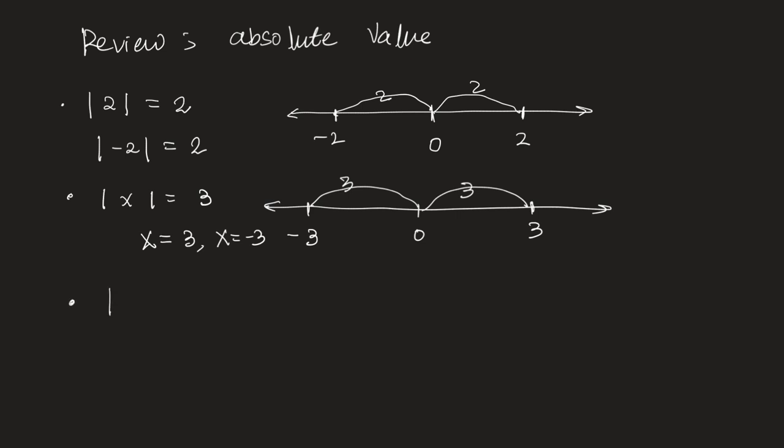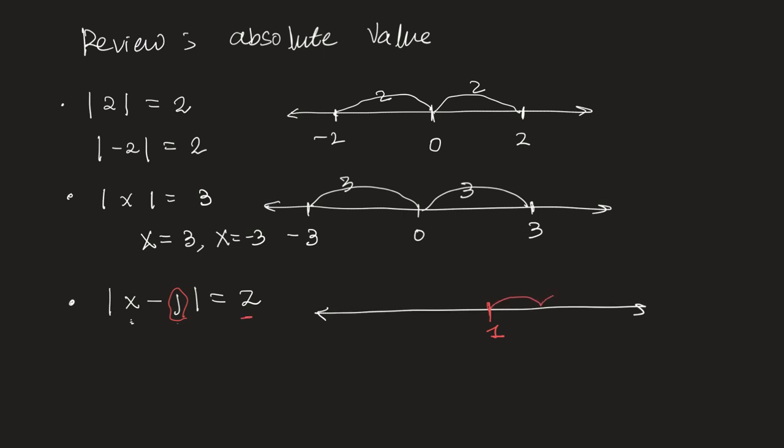You see, absolute value of x minus 1 equals 2. What is meant by that? You're going to find the x values whose distance from 1 is 2. That's the meaning. So here is 1, and the distance from 1 is 2.